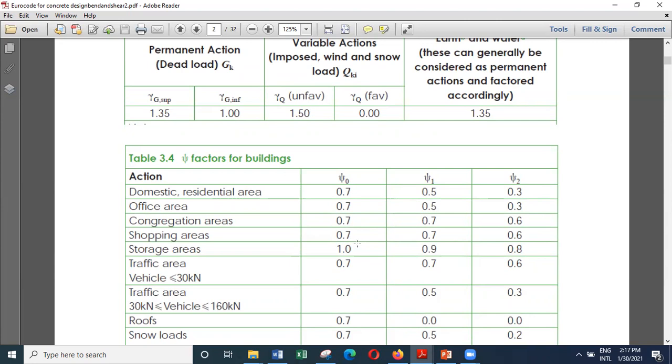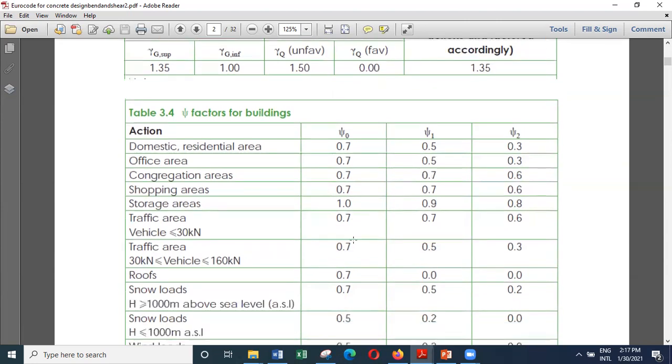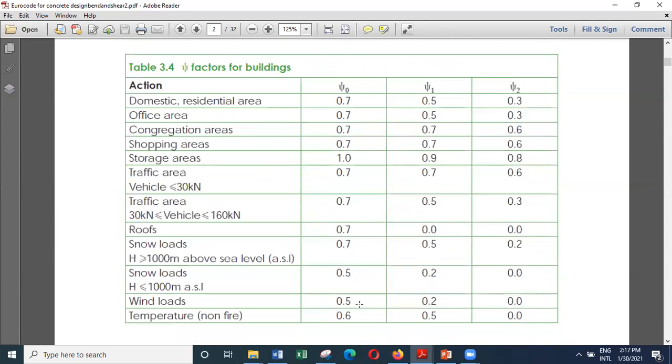So because in storage, you might store goods to the full capacity. So because of that reason, we use a value of 1. We don't use any reduction. And when it comes to wind loads, you can see the factor that we use is 0.5.